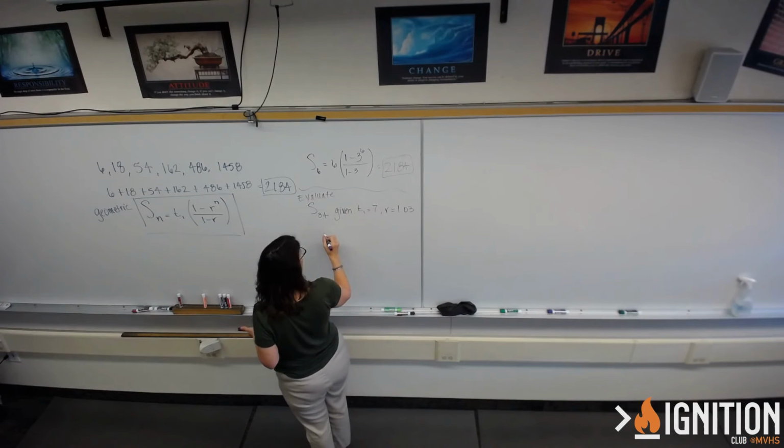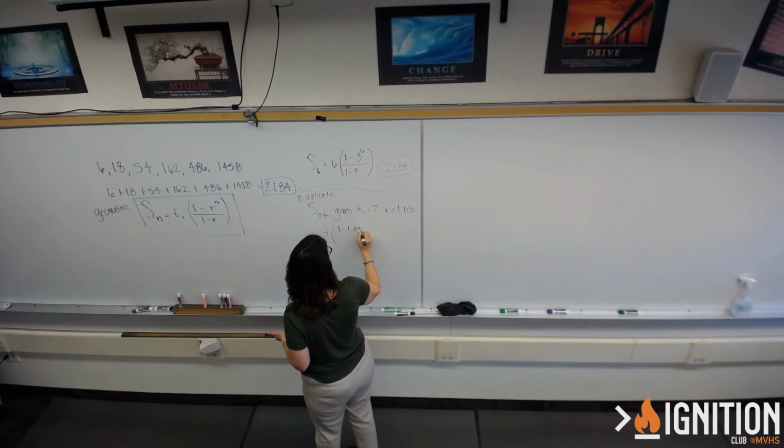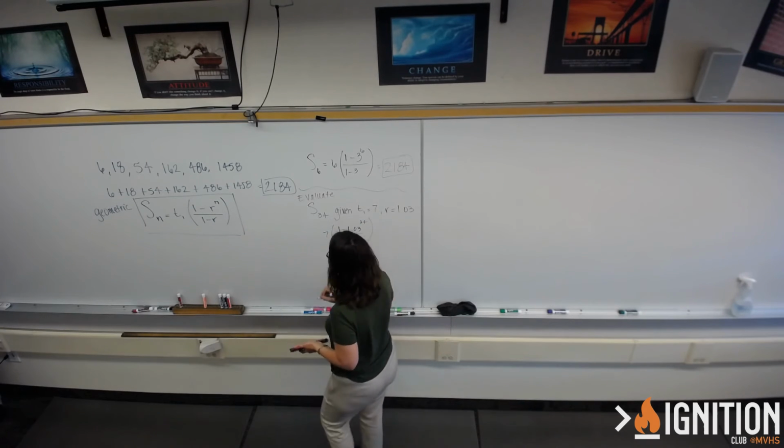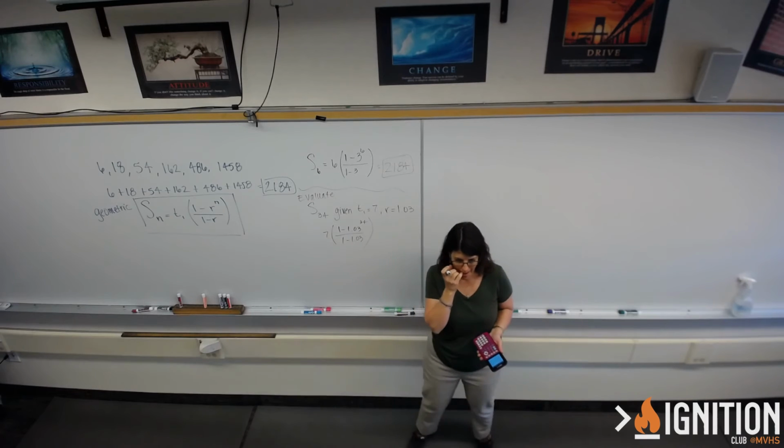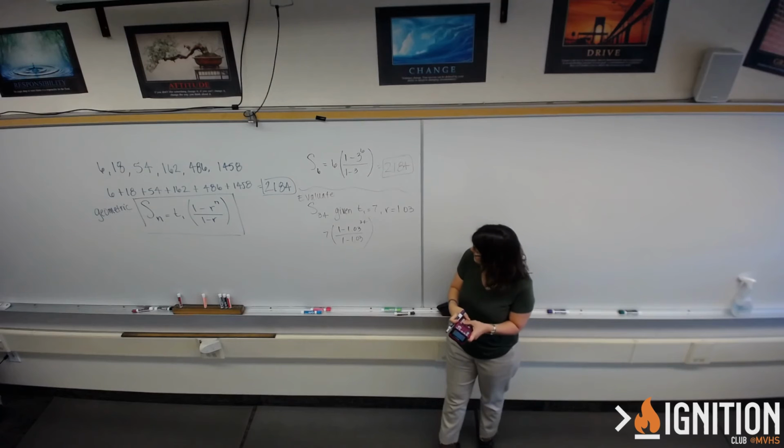What do we got here? What's the first term? Is it big? It's modest, moderate. 53.63. I did it right.